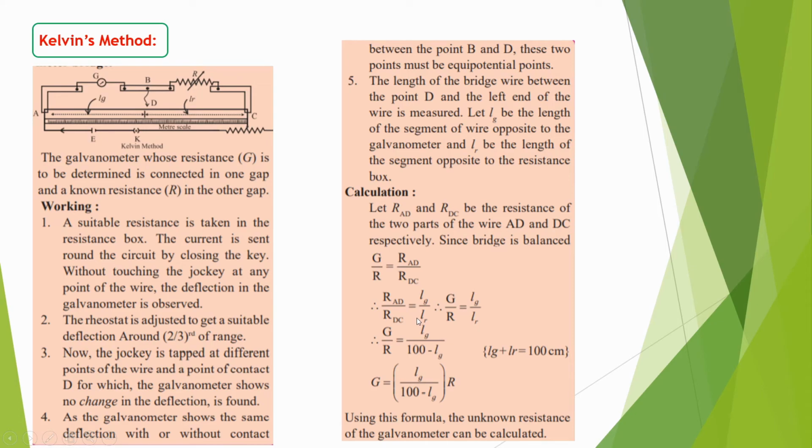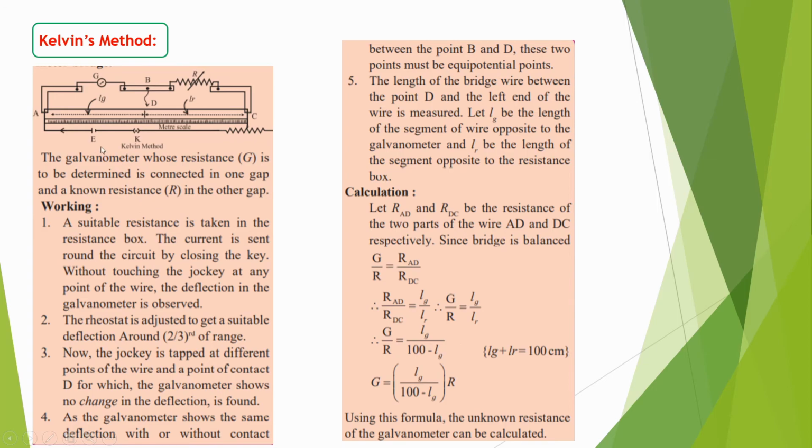According to R equal to rho L upon A, rho and A cancel, so the ratio RAD upon RDC is equal to LG upon LR. Substituting, we get G by R is equal to LG upon LR.